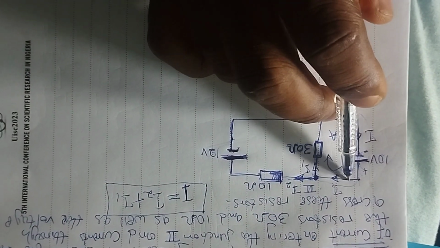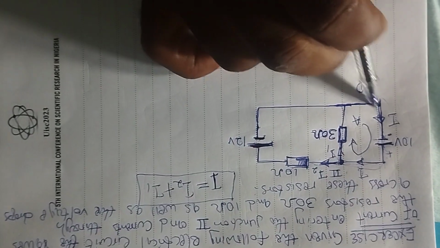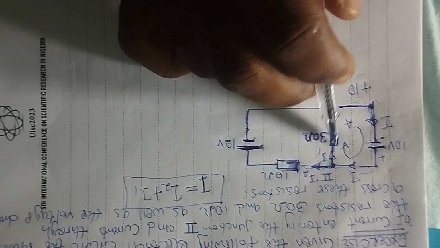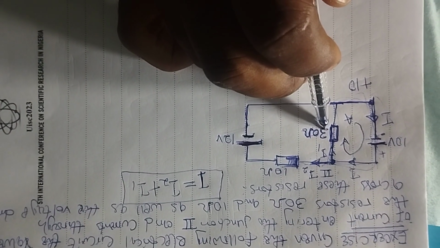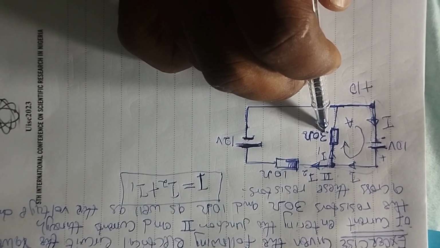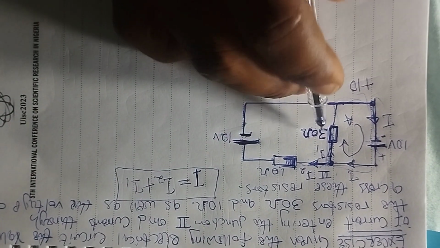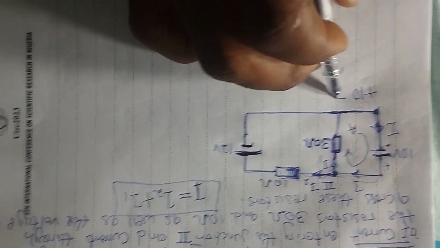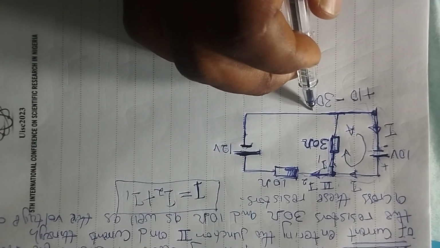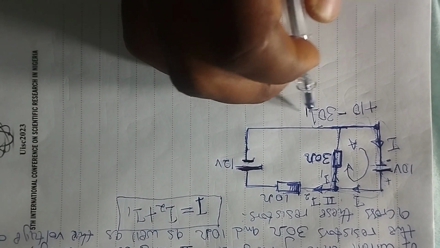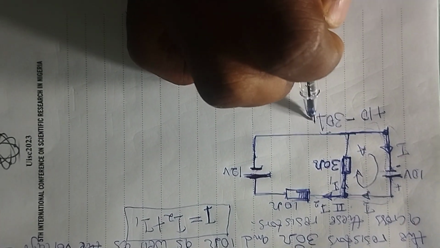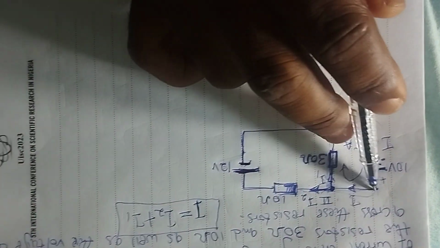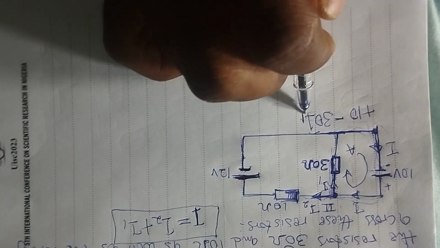Then when the current moves around the circuit, it moves across this 30 ohms resistor, so the voltage is dropping. So I'm going to have minus 30 times I1, because voltage is current times resistance. This current times resistance is 30 times I1. But because the current is moving along my movement around the loop, it is going to be negative.